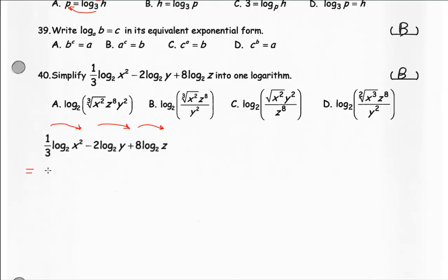So I would then rewrite it as the logarithm base 2 of x squared, now to the power of a third, which is the same as the root. I probably should write that as a root. Notice the cube root written here. So actually let's simplify that, because all my answers are written in that form.